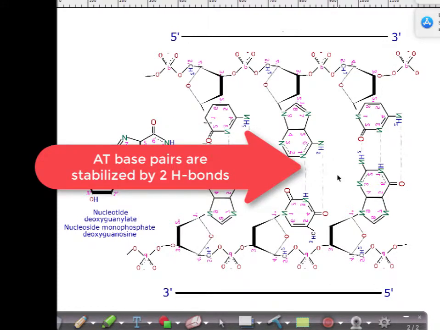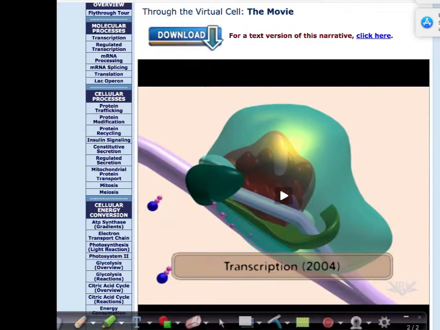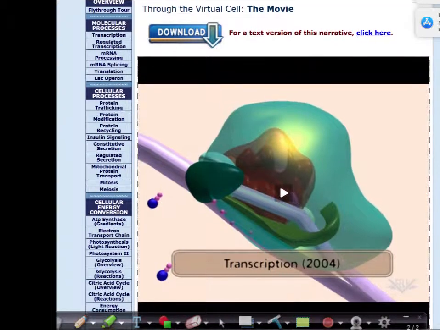That is interesting because the A to T bonds are easier to break. A lot of times there are A to T rich regions at the beginning where transcription is just starting off, so that it's easier for the machinery to pull apart the 2 strands of DNA and begin the synthesis of the RNA. So that's what I want you to think about now. As we return to the video, let's backtrack just a bit.